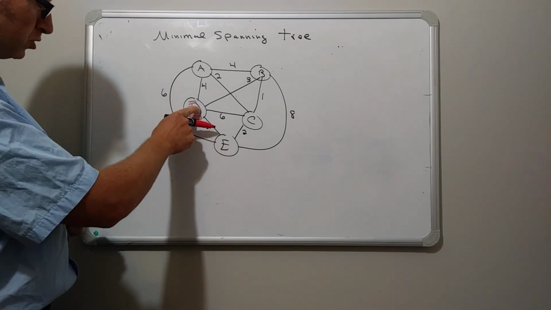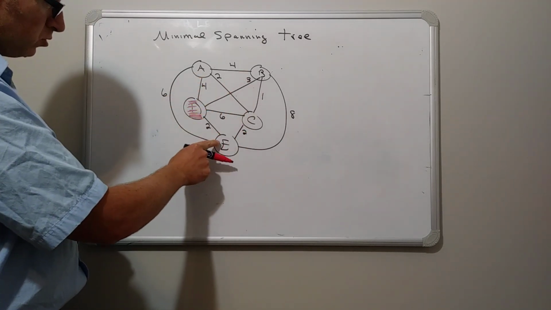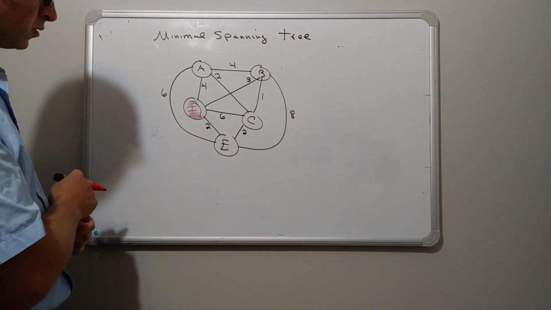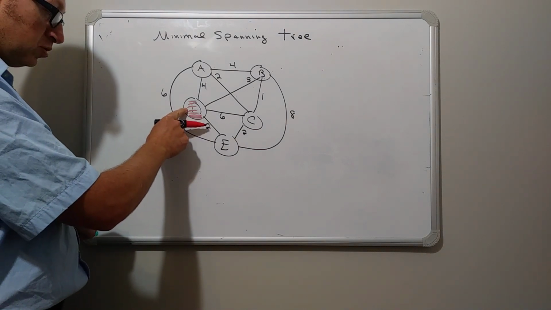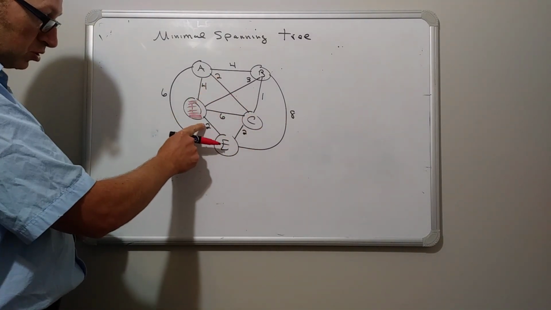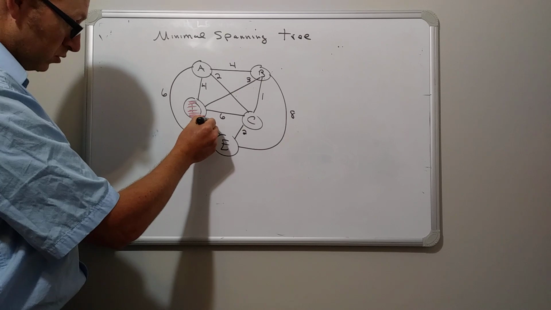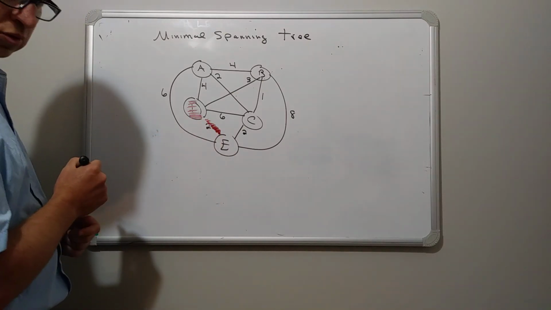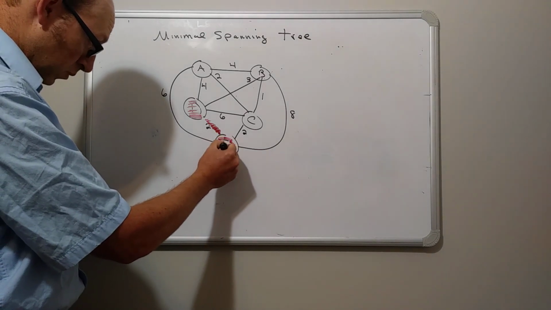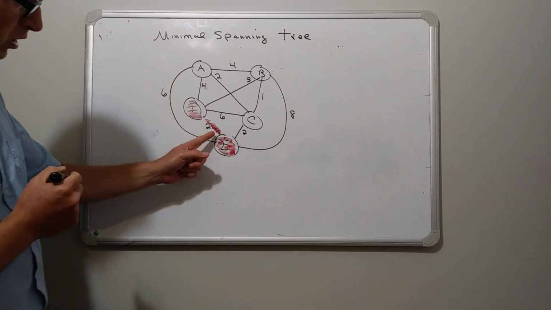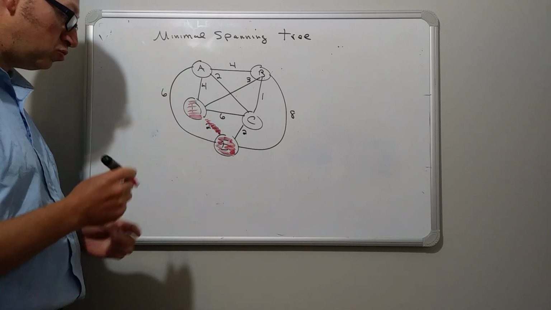Well, from D, you can go to A, B, C, or E. The closest neighbor is 2 miles from D to E. So the conclusion is we add node E to the shaded set, and the way that we add it is from here to here using the distance 2 road. So we use the road that's only 2 miles.